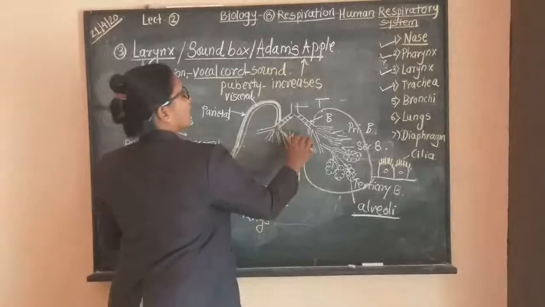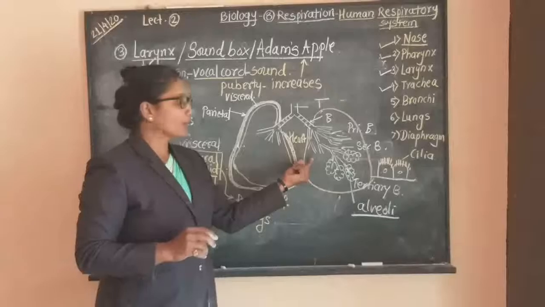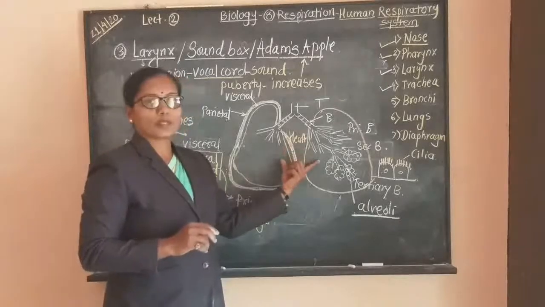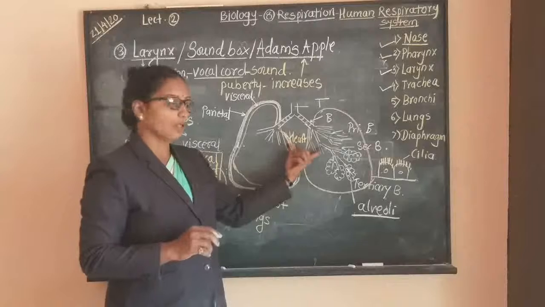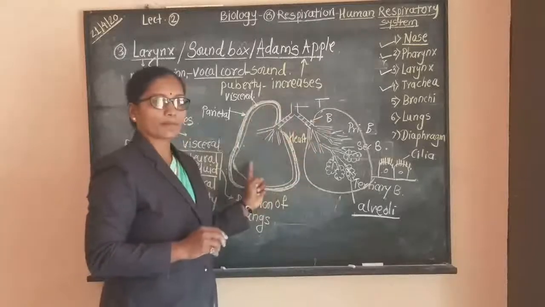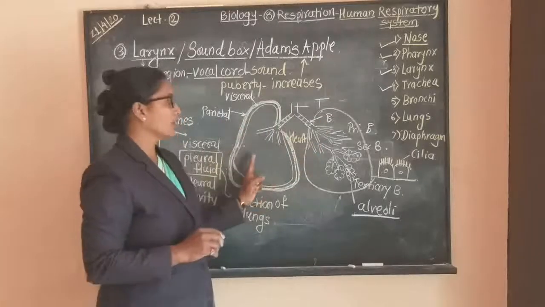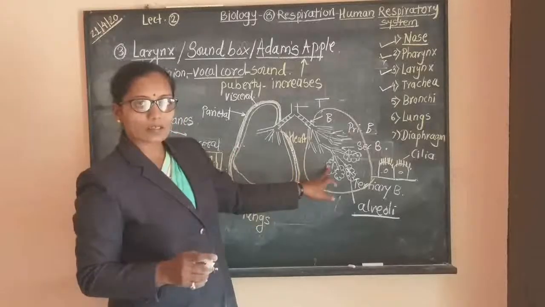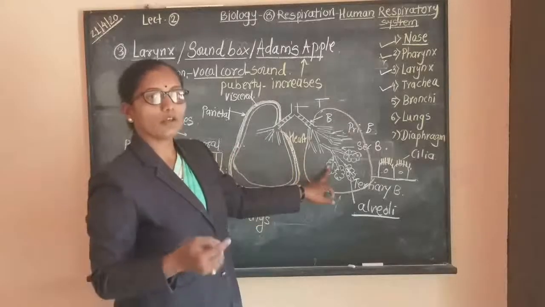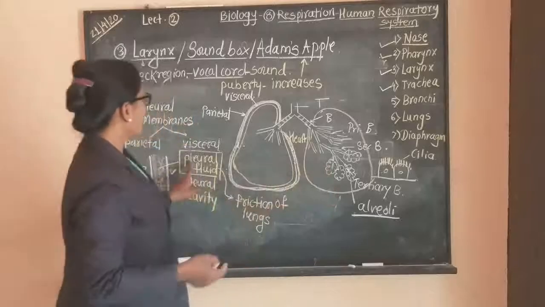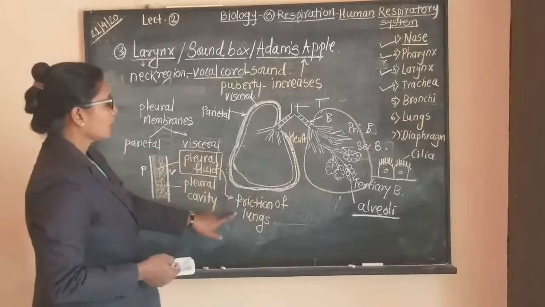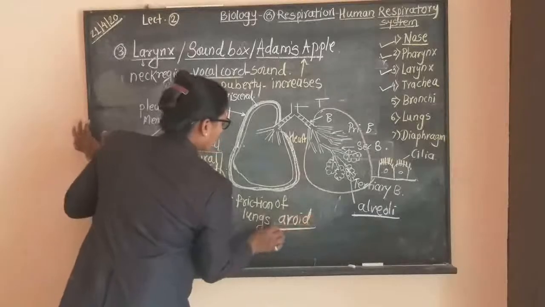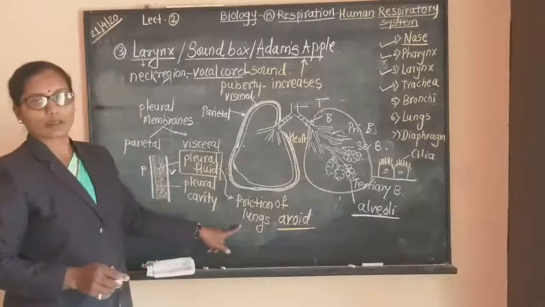Due to the working of the heart, movement of the ribs also takes place, and due to this movement in the thoracic cavity, it is important to avoid friction of these two lungs with the ribs or any other part. Hence, this pleural fluid is responsible for preventing the friction of the lungs.